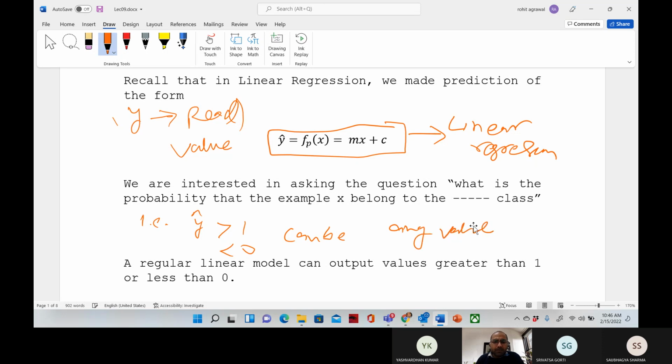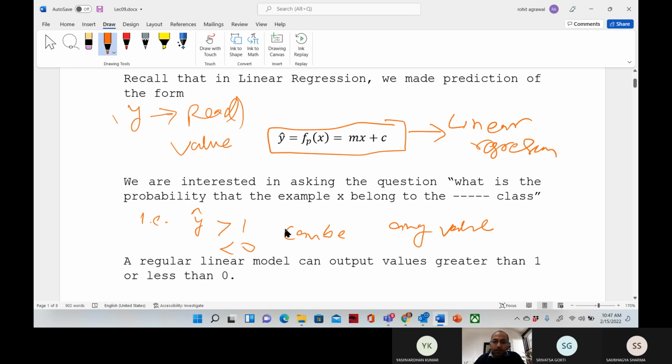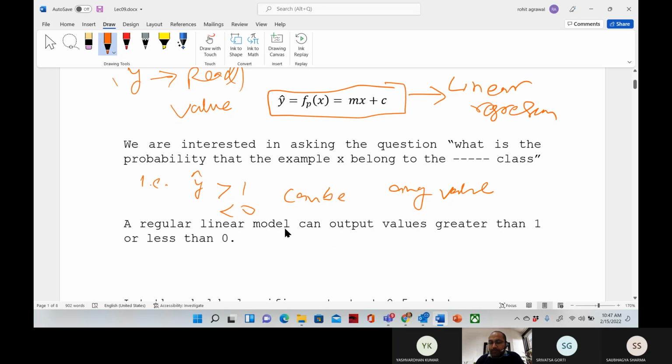So what is the case when we are going to predict the class instead of the real value? Class means, suppose I give you an example: you have some data and you need to check whether you have images of persons. They may be female or male.